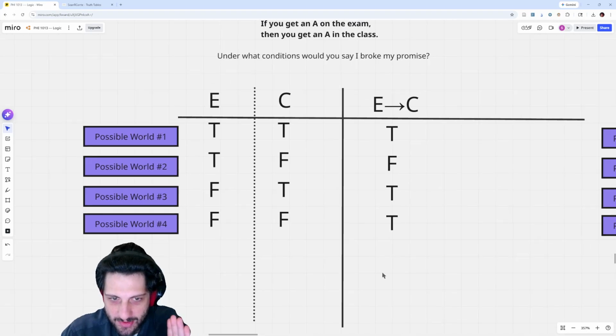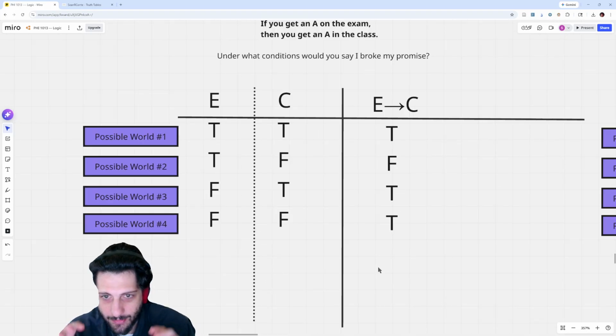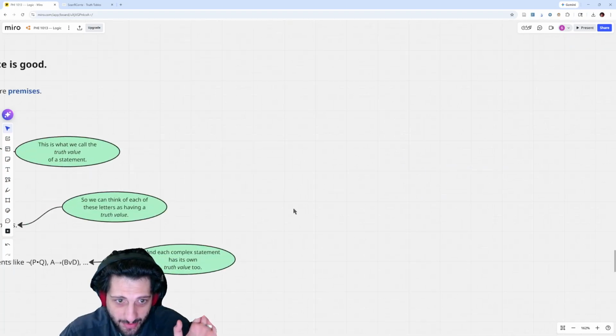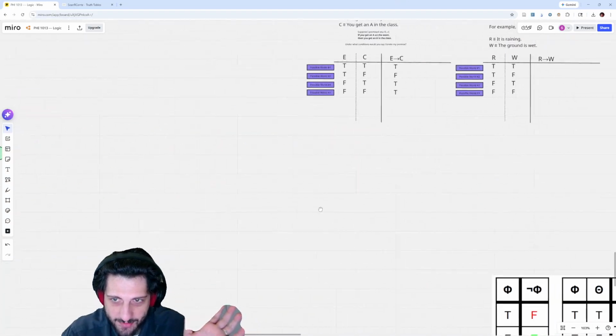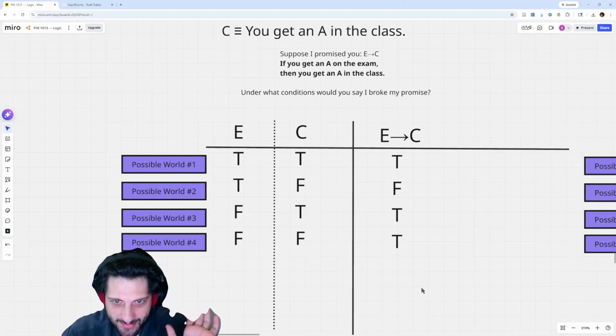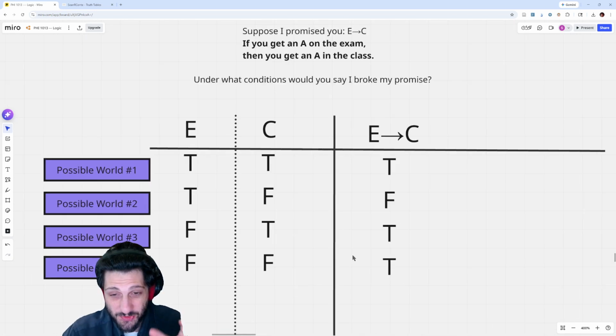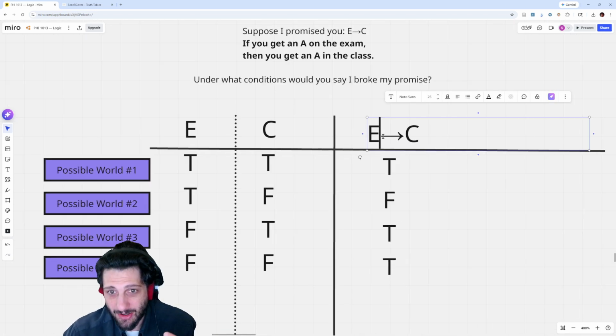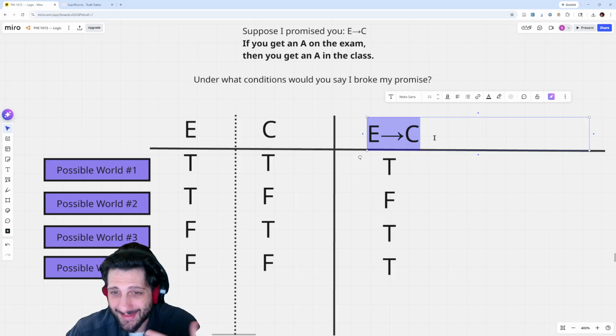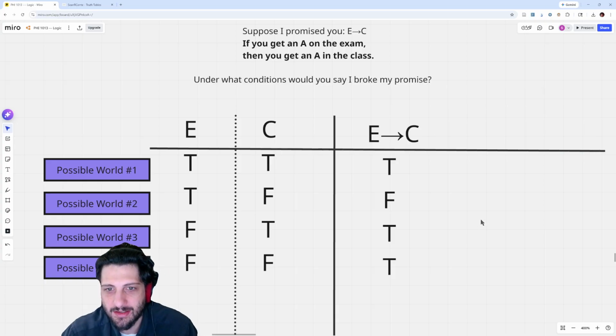Right, so let's review that, because there's a reason why we saved this connective for today, and not just buried it in when we were learning truth tables in the first place. It's because this one is kind of counterintuitive, and it's also not symmetric. Right, this arrow is pointing in one way, and that actually makes a big difference.